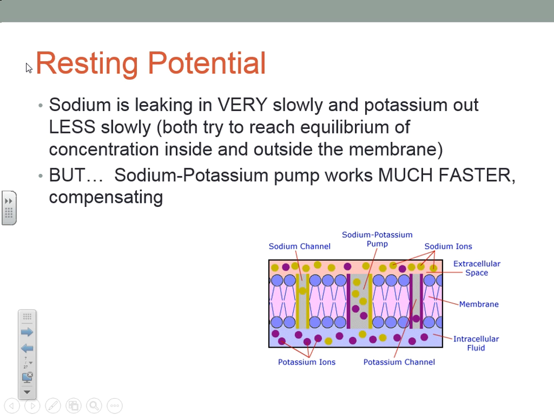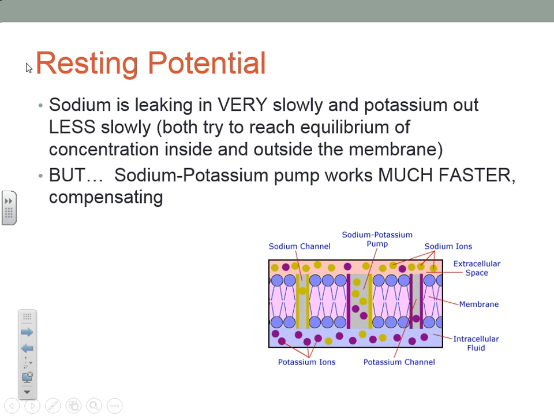Now, to compensate, we have a sodium-potassium pump that is going to work against the sodium and the potassium channel. So the sodium channel allows sodium to move into the cell, and potassium channels allow potassium to move out of the nerve cell.